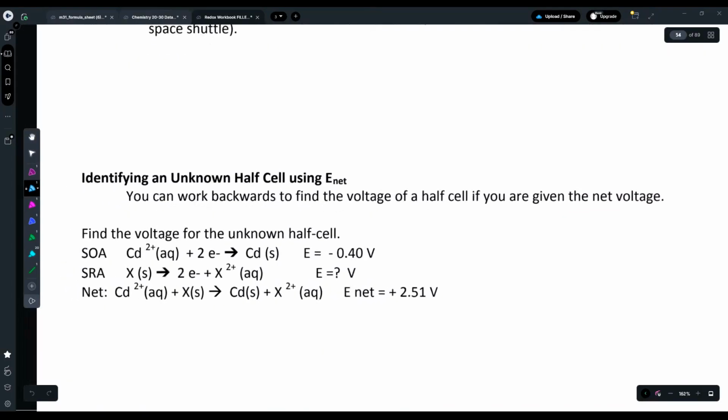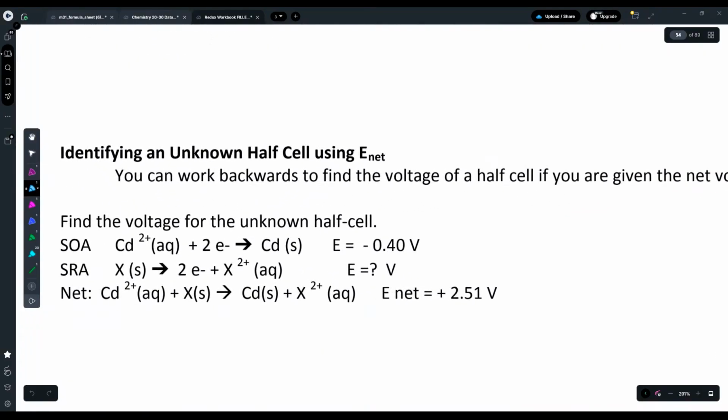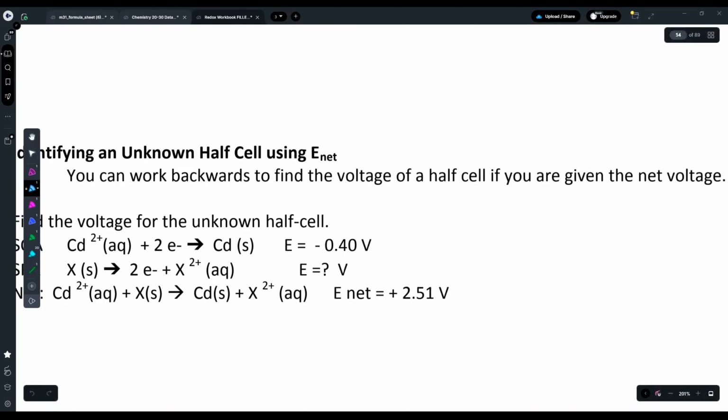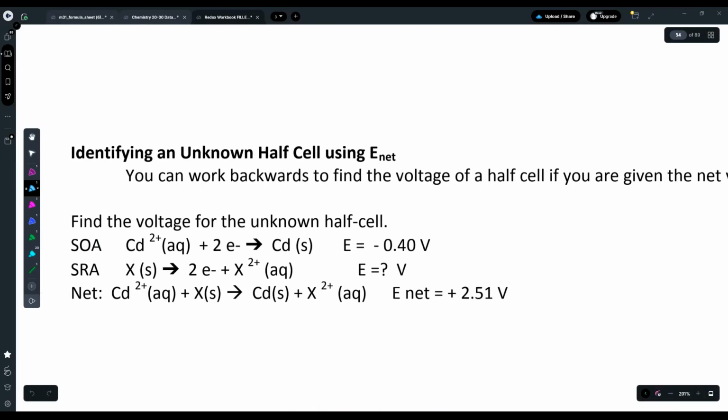All right, so we're asked to find the voltage for an unknown half cell. So we're given our strongest oxidizing agent, which is cadmium, and then we don't know our strongest reducing agent, and so we have our net reaction with the net electrical potential, and we also have the SOA electrical potential.